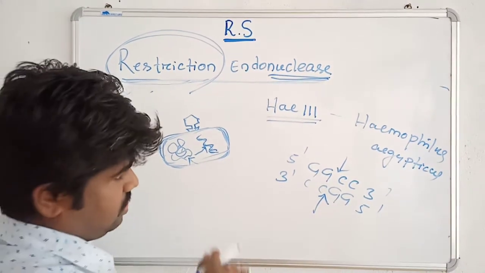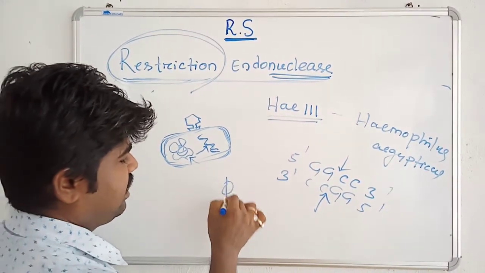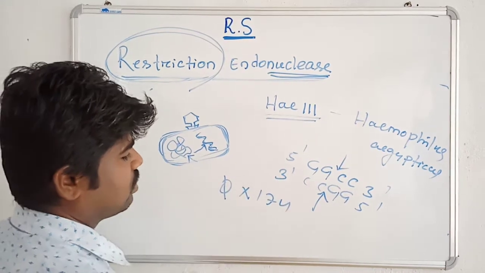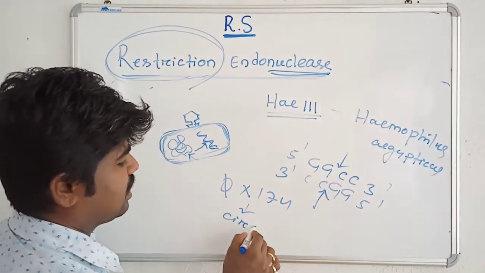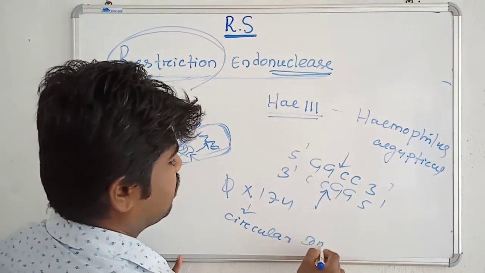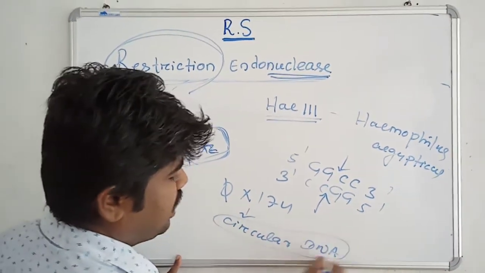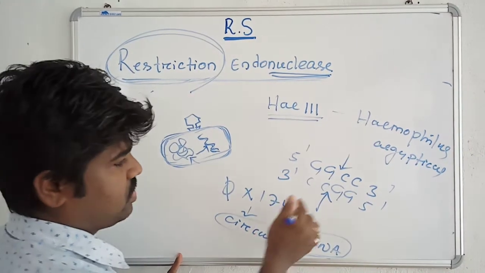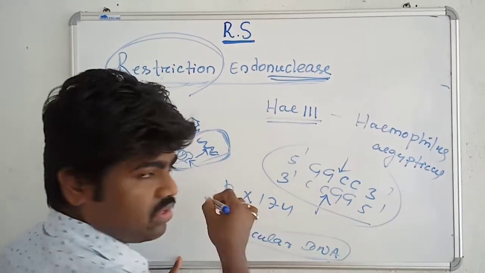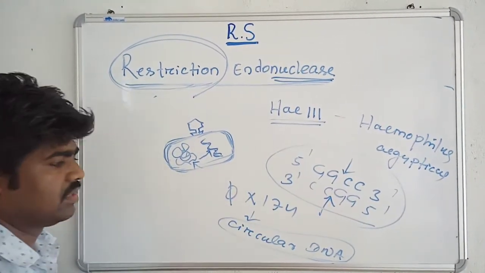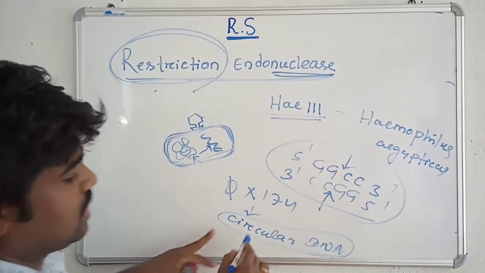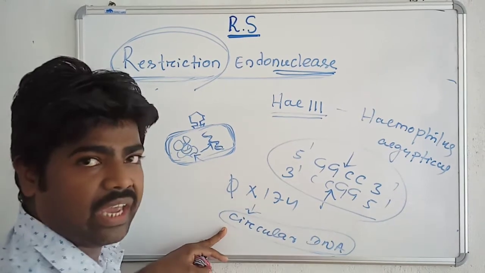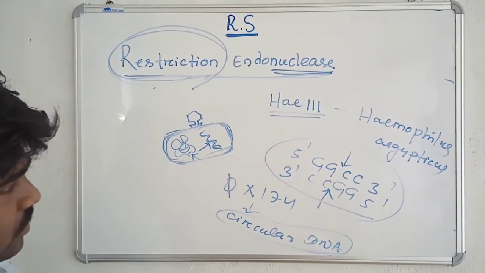One of the viruses, that is phiX174, has a circular DNA molecule, and this circular DNA molecule has this sequence at 11 places. Means this sequence occurs at 11 places in the circular DNA of phiX174, right?